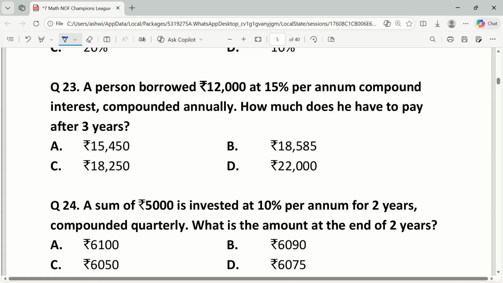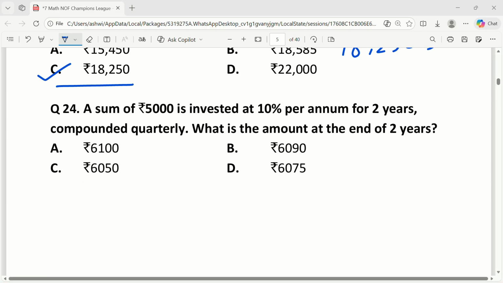The calculated amount is 18,250.50, and this is closest to the option C. So the answer is C.